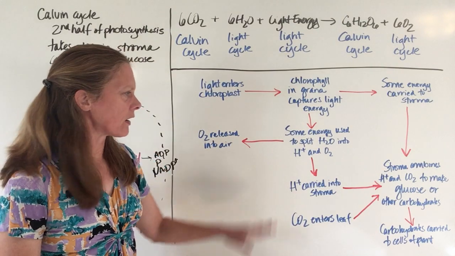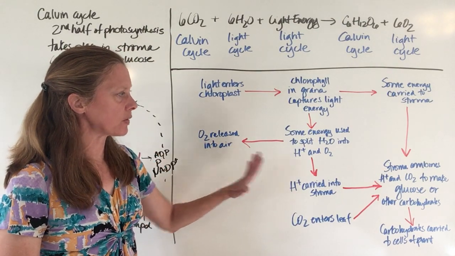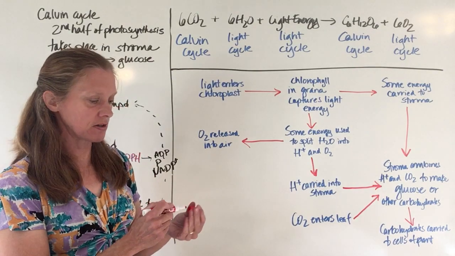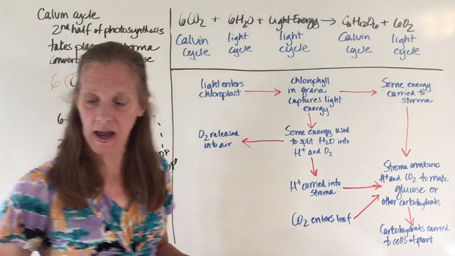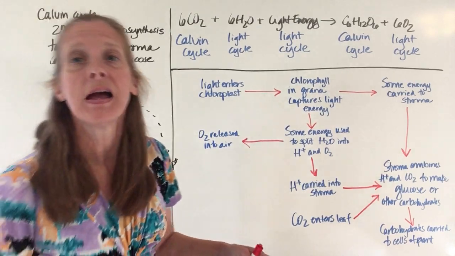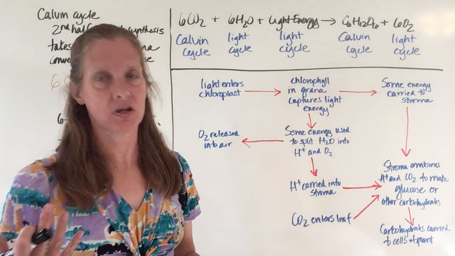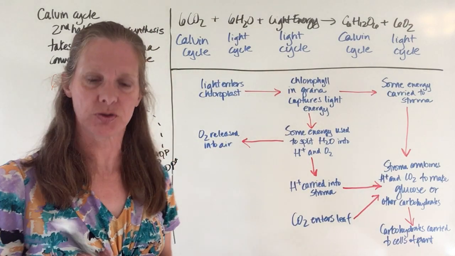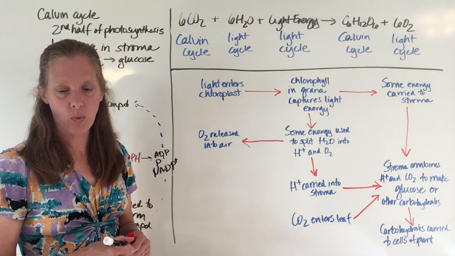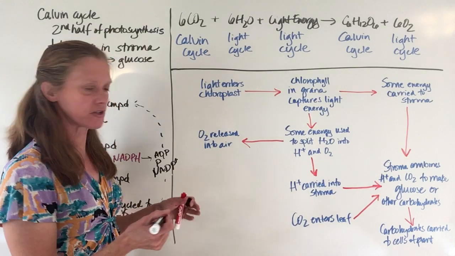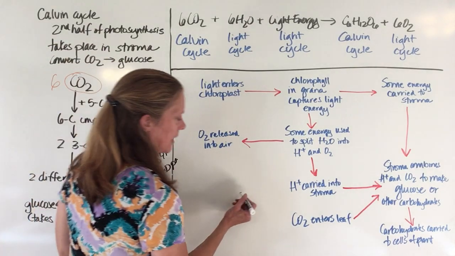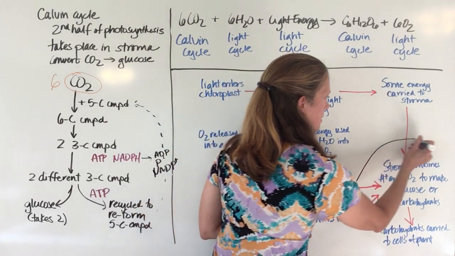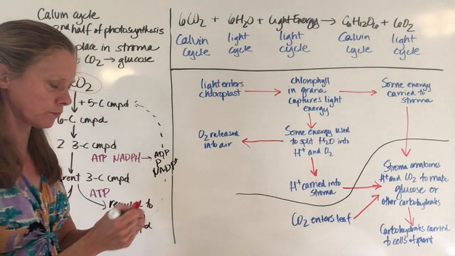Okay. Now, the other thing I want to do with this diagram, now that we have all the arrows drawn in here, is divide it into the light reaction and the dark reaction, or not the dark reaction. See, I grew up learning about the dark reaction, and so I'm still using that terminology sometimes, so hopefully you guys won't make the same mistake. So where's the division line? The division line actually happens right here, okay?